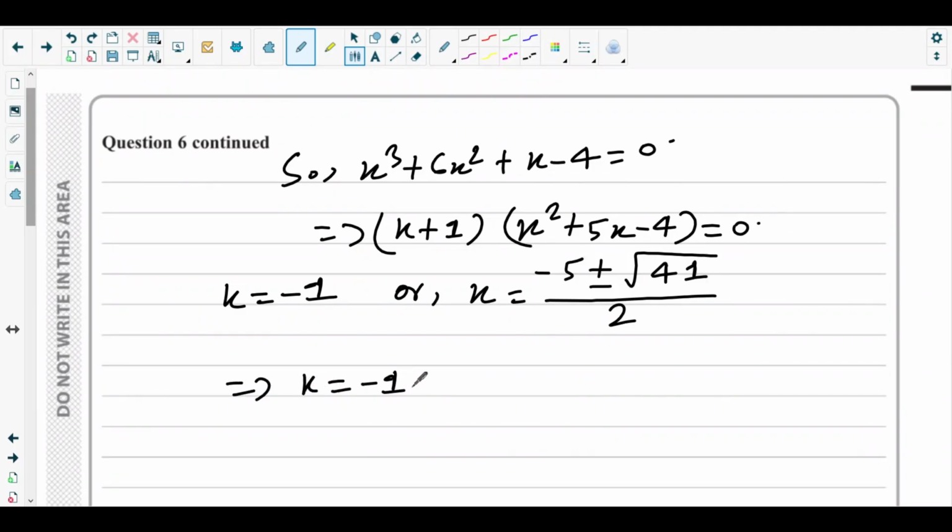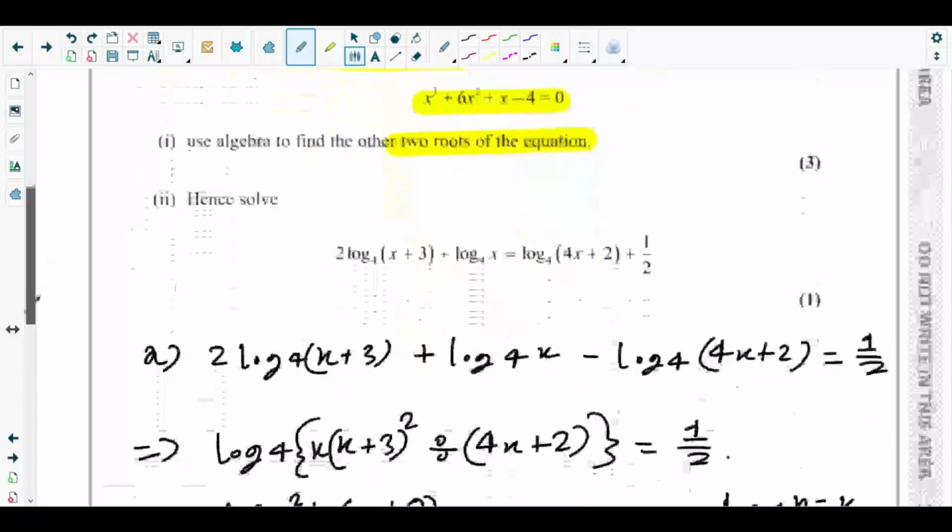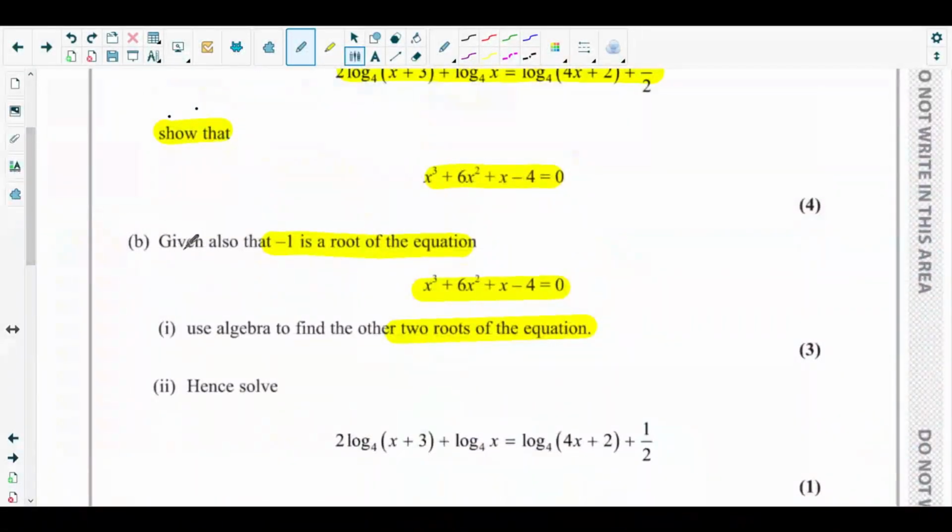The first one is x equals negative 1, and the other two roots are x equals negative 5 over 2 plus minus square root of 41 over 2. And that's exactly what question part B1 has asked for.